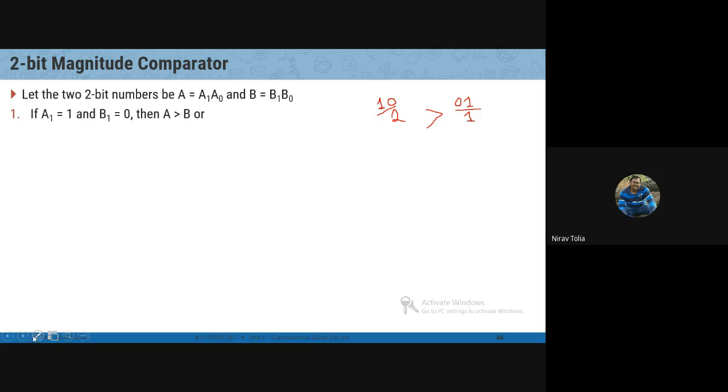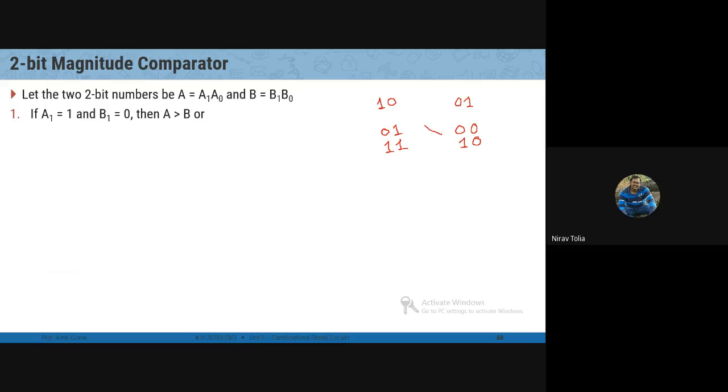But suppose my A1 and B1 are the same, either A1 is 0 and B1 is also 0, or A1 is 1 and B1 is 1. In the second case, if A1 and B1 are the same, then we have to focus on A0 and B0. Then my A0 must be 1 and my B0 is 0.